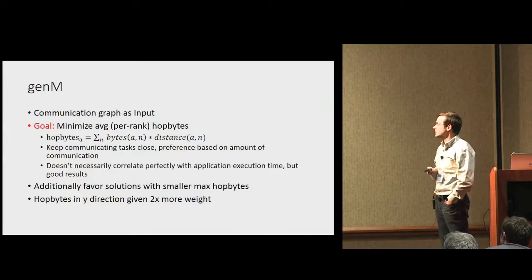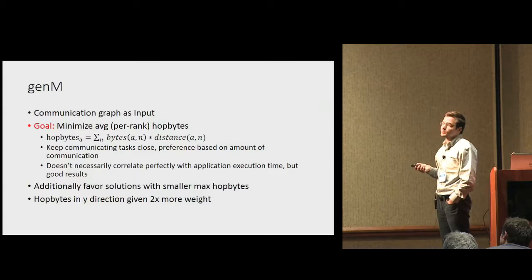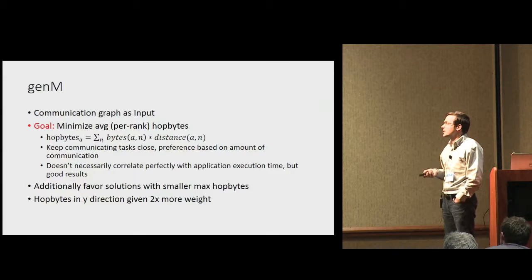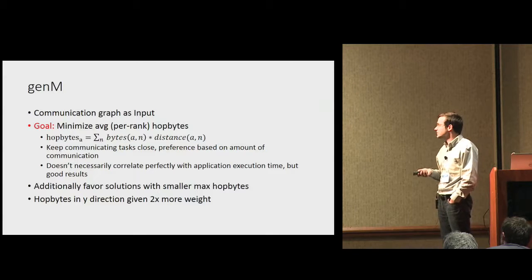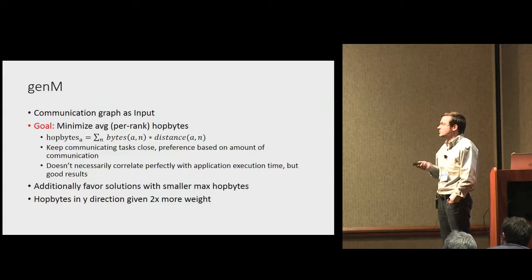So for our tool, I'm not going to go into much detail. Basically, given the communication graph, which we obtain with the Topo profiling tool, it tries to minimize hop bytes, which for each rank is the sum of the bytes to its neighbors multiplied by the distance to that neighbor. So it'll basically try to keep the tasks close by.